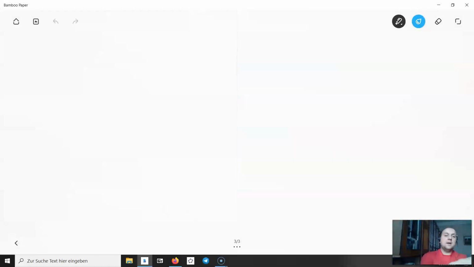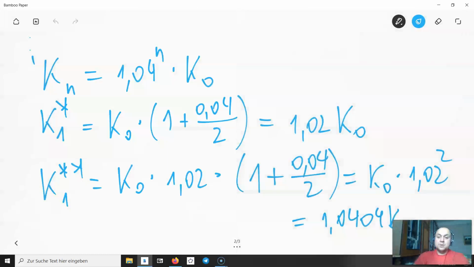So what will be happening if we divide it into 4 or 6 or into 12 pieces? Well, basically what we were doing here, we were dividing the interest rate by the number of divisions, and then we take this factor to the power of the number of divisions.